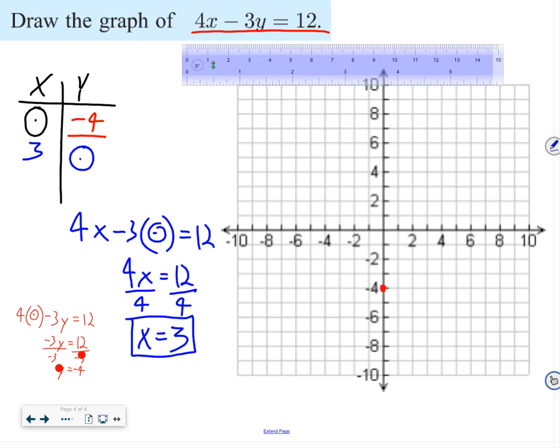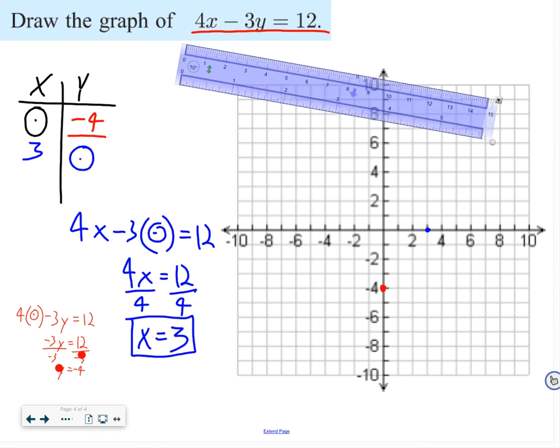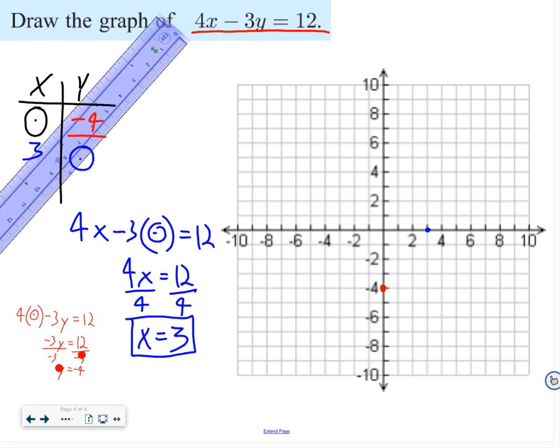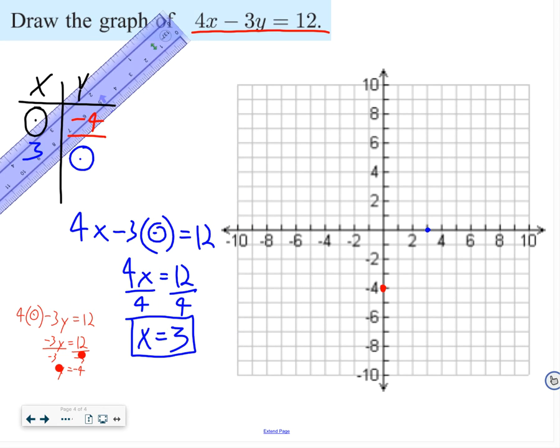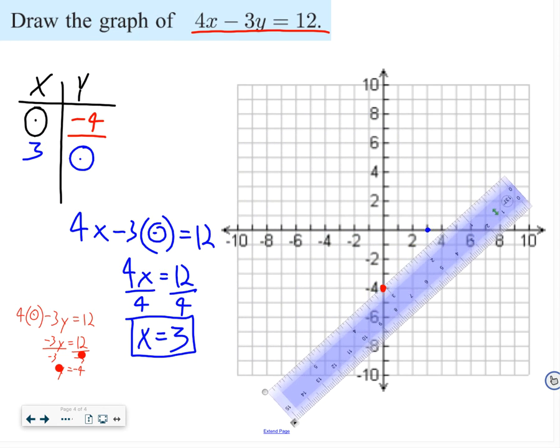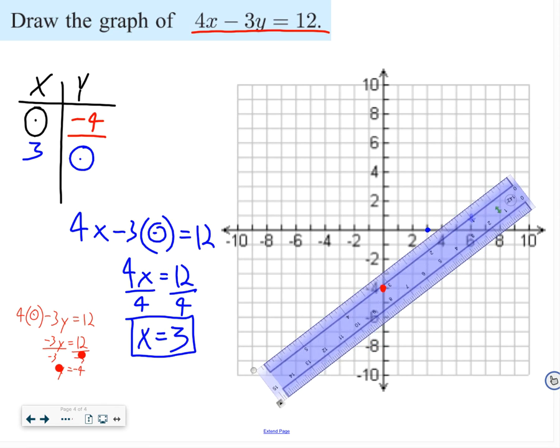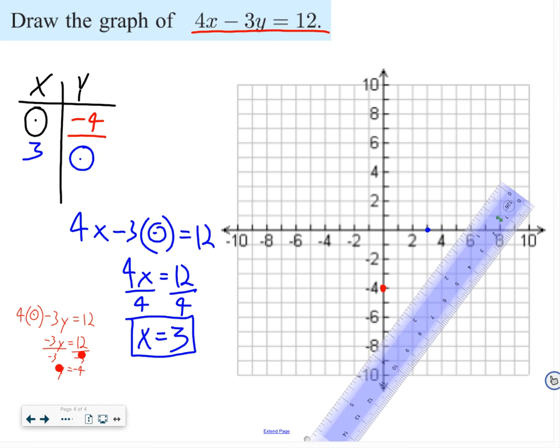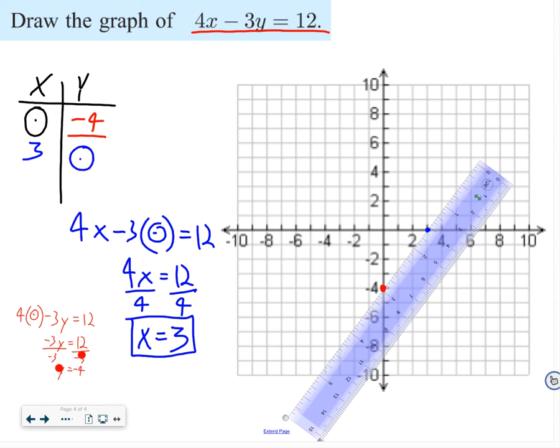So I go over 1, 2, 3 here, x being 3, and my y being 0. Once I have my 2 points, I can go ahead and see if I can get my ruler on those points. Okay, and I can go ahead and graph it.